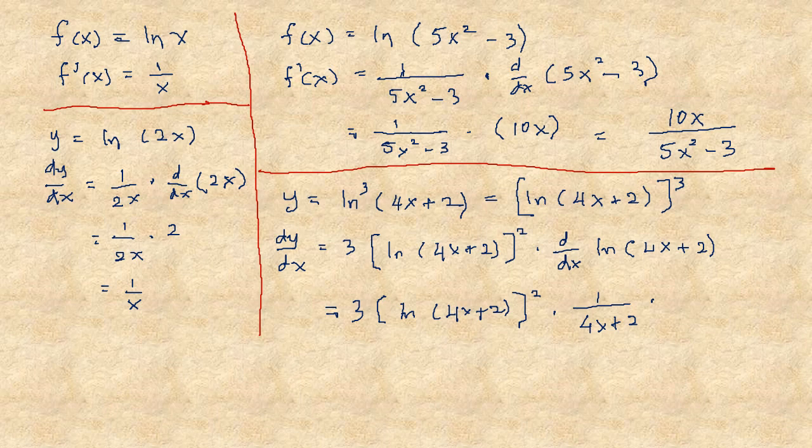Differentiate 4x plus 2, we get 4. Then simplify this function, we can multiply 3 multiplied by 4, we have 12 (ln (4x plus 2)) to the power of 2 divided by 4x plus 2.